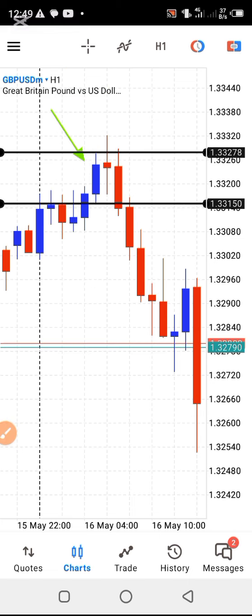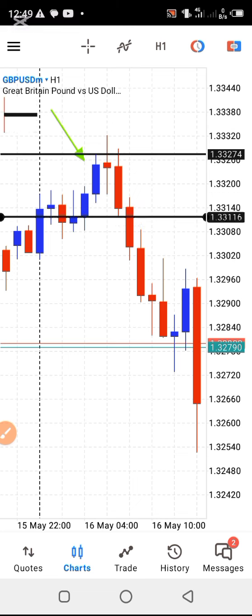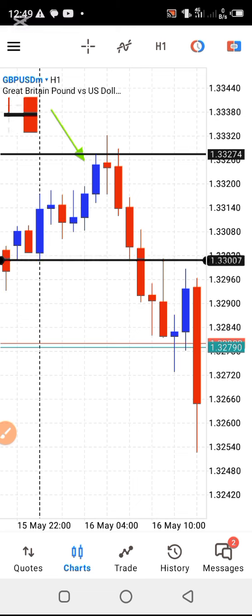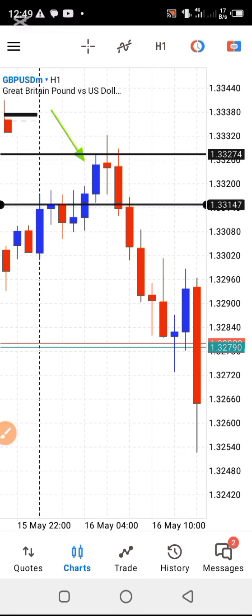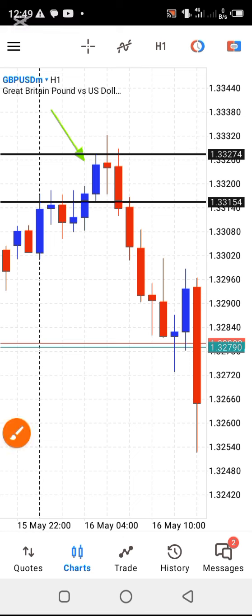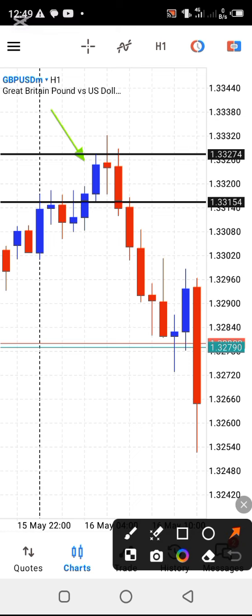So I'm going to draw the boundary of the first candle. I've placed a horizontal line on the high of that first candle, and a horizontal line on the low of that first candle, which is my range. So I already know that the next draw on liquidity would be for price to come and take out this low.